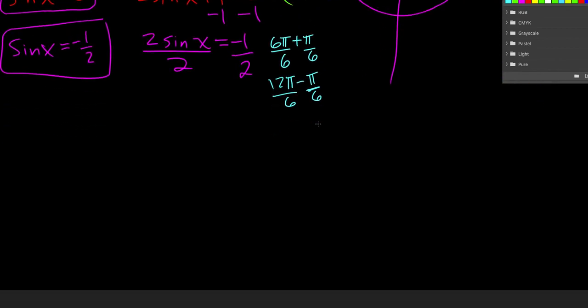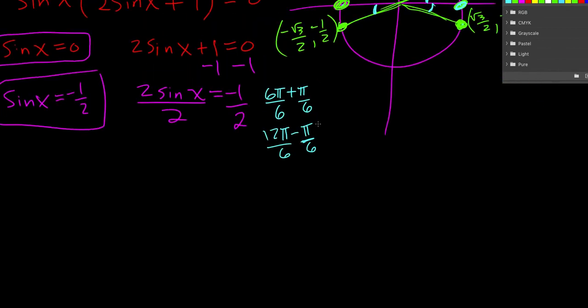We're coming up to the last problem. I need more space, so let's go up here. All right, this time we have 2 cosine squared x plus cosine x minus 1 equals 0.